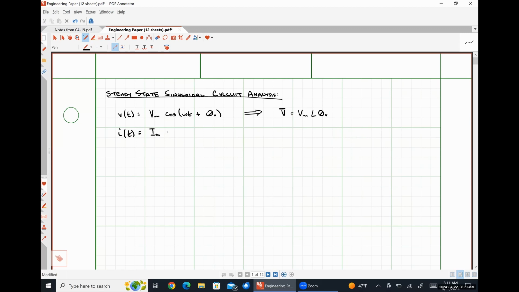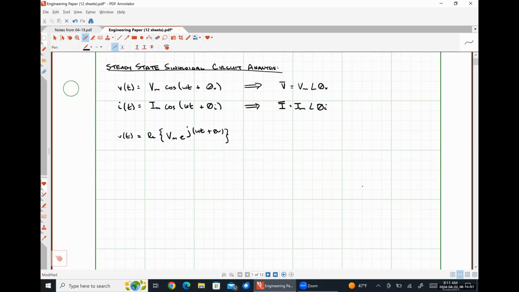So if we have a current Im cosine omega t plus theta I, then this would look like some phasor current I is equal to Im angle theta I. The reason that we're able to do this is because our voltage waveform v of t is nothing more than the real part of the following exponential number, Vm e to the j omega t plus theta v, which is what I like to call the mixed domain representation of that voltage signal.